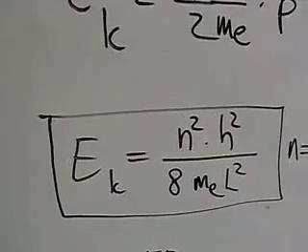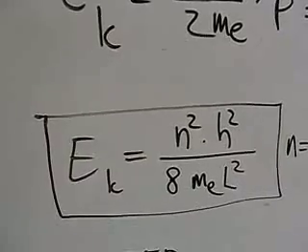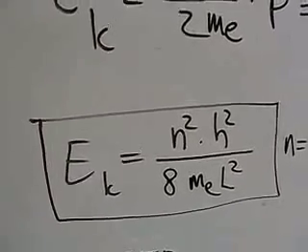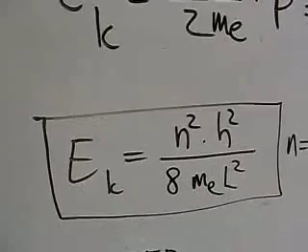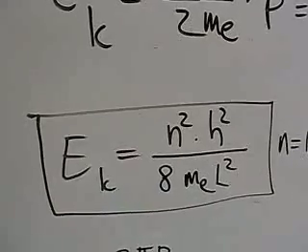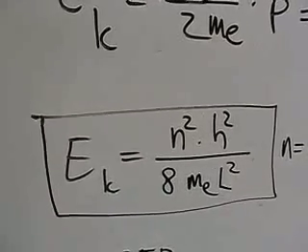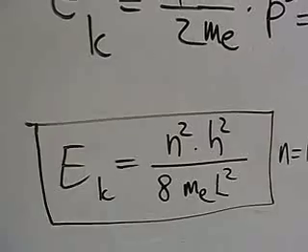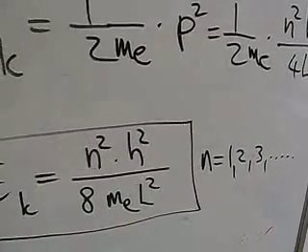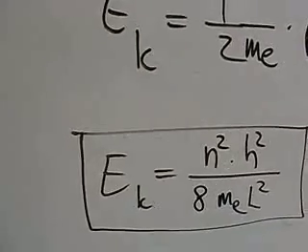The kinetic energy of an electron confined in this box, or an electron wave being a standing wave around the nucleus of an atom, is equal to n squared h squared over 8 times the mass of the electron times the length of the orbit squared, where n is the principal quantum number, so an integer 1, 2, 3, and so forth.